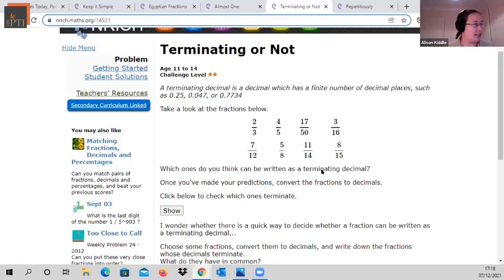I want to talk to you about this one, terminating or not, which is about whether you can tell just by looking at a fraction whether it will have a finite number of decimal places or whether it will recur forever when you write it as a decimal. I wanted to show you a way of introducing this problem, which I think is quite nice.